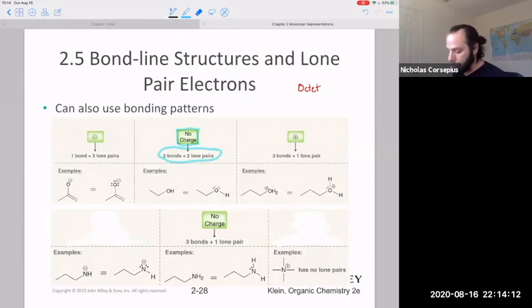And this should hopefully make sense if we just compare our negatively charged oxygen with our positively charged oxygen. Which one looks like it has more electron density, right? The one with 3 lone pairs, not the one with just 1 lone pair, right? And that's what these species are going to be important for. They're going to be carrying excess charge if they're negatively charged, or have a deficit of electrons if they're positively charged.